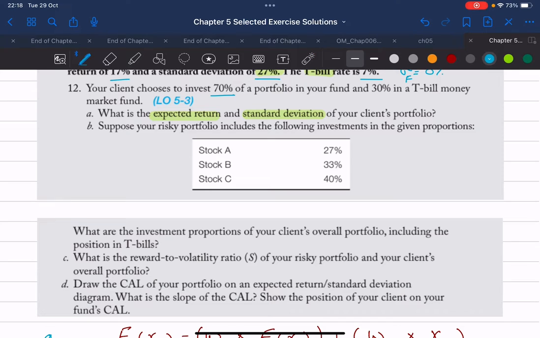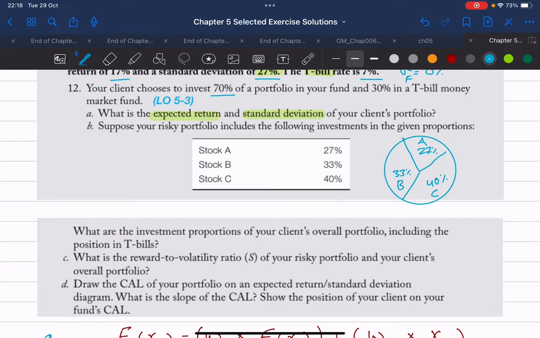If you imagine the portfolio as a pie chart, it's going to be split into a 40% component, a 33% component, and a 27% component, right? 40 is for stock C, 33 is for stock B, and 27% for stock A.